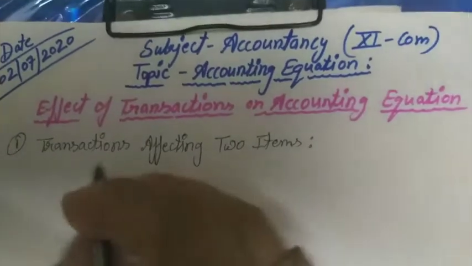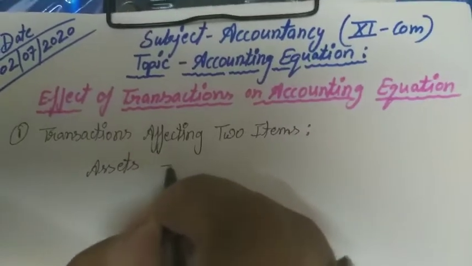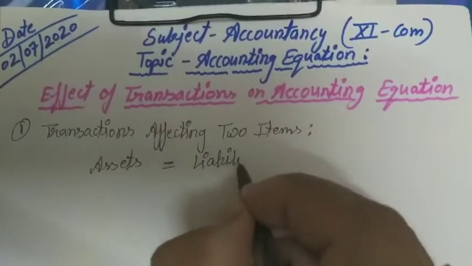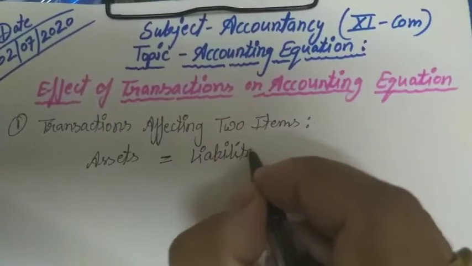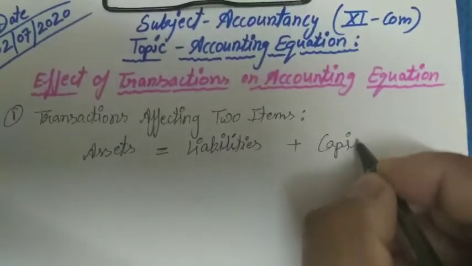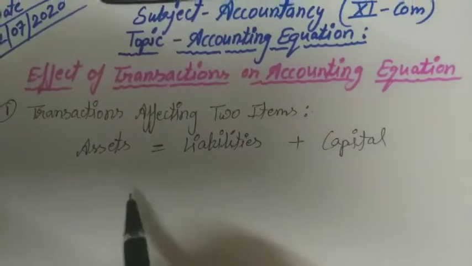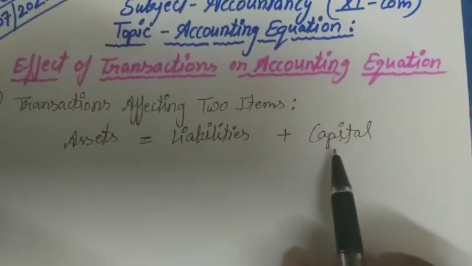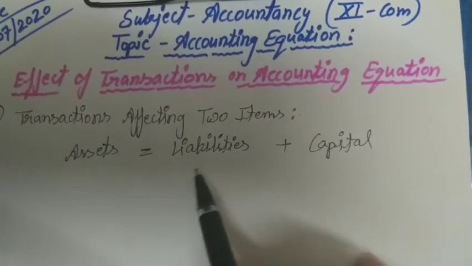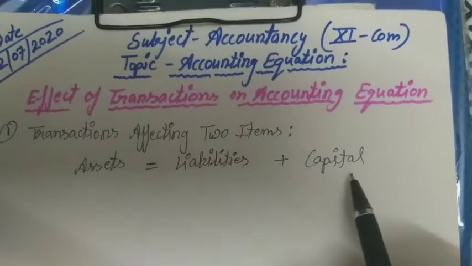Two items means assets is equal to liability plus capital. Whatever the assets are there in the business, in the firm, that assets is equal to the liability of that business plus capital.